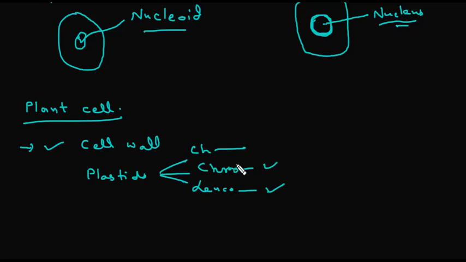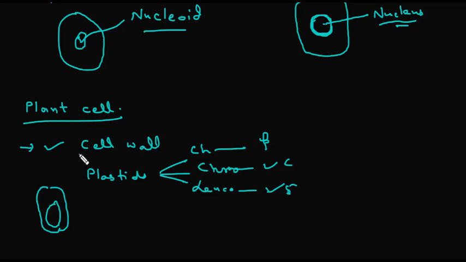Chromoplast provides the color, chloroplast provides photosynthesis, and leucoplast helps in storage. So that is the function of the plastid. And in the plant cell, the vacuole is very large.